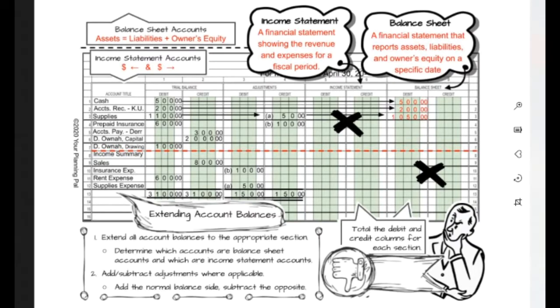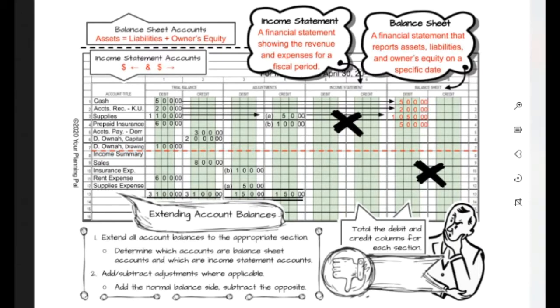Next up, we have prepaid insurance, and the same thing happens here. So we start with $600. As we follow it along, we see there's an adjustment of $100, and that means our balance in the balance sheet column is going to be 500. 600 minus 100 is 500. Next, we follow our accounts payable account, and it is a credit.